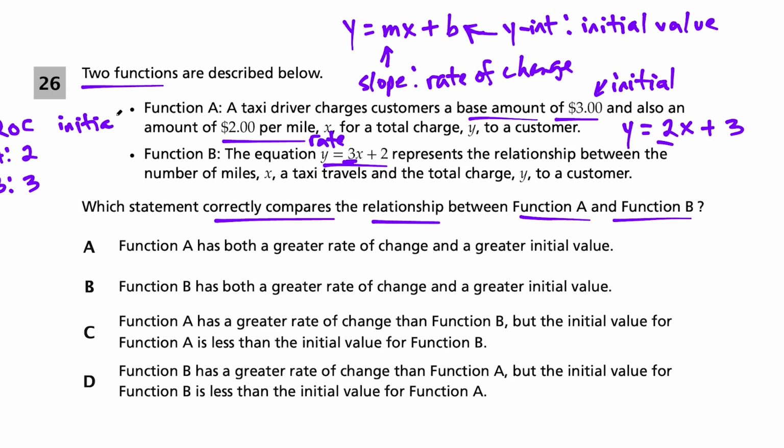The initial value for function A is the constant at the end, which is 3, and for function B it's 2. Now we scan the answer choices, and choice D is looking good. Function B has a greater rate of change than function A because 3 is greater than 2, but the initial value for B is less than the initial value for A, since 2 is less than 3. So choice D is definitely correct.